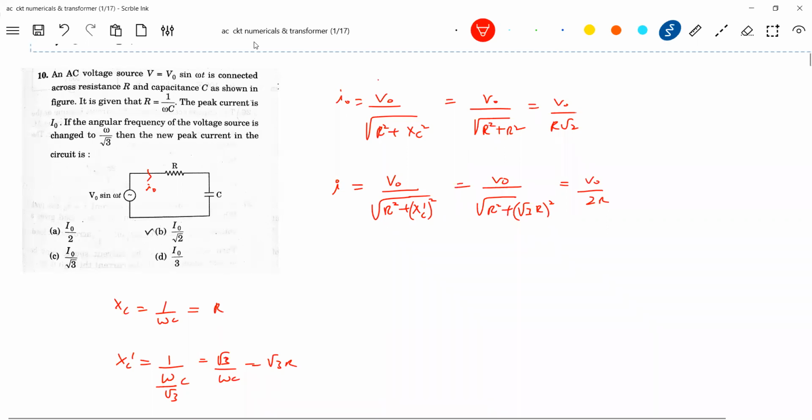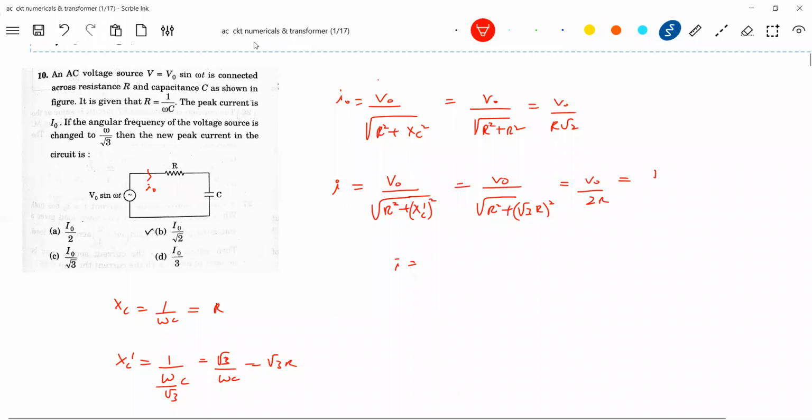Then what is the ratio of I by I naught? I in terms of I naught is being asked, so we will adjust here only. So V naught by R is what? I can write it as the new peak current in the circuit.